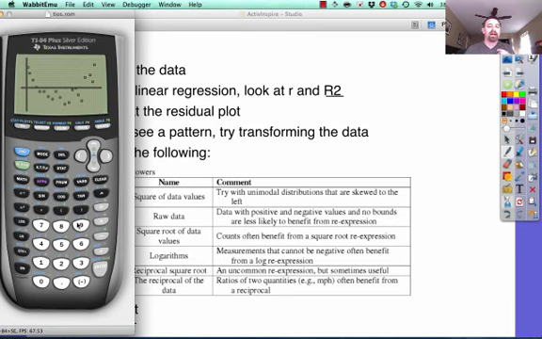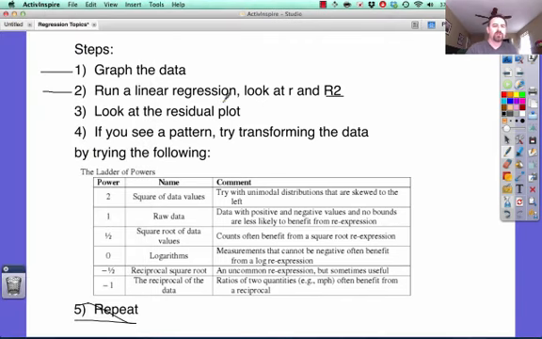So I could continue trying other different things. I could try a cube. I could try raising it to a different power. I could try taking a log of both sides. There are many different things I could try in order to improve this model. For now, I'm not going to spend my time worrying about that. But in general, the process is to continue to try until you've exhausted everything you can possibly think about. That's an important point about this kind of work: it's imprecise.